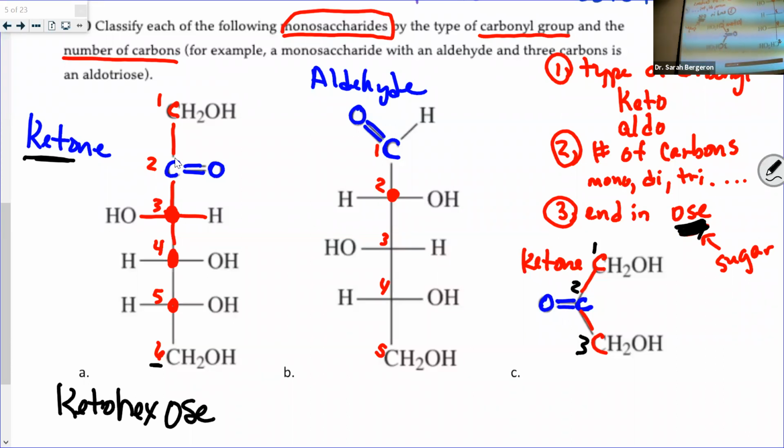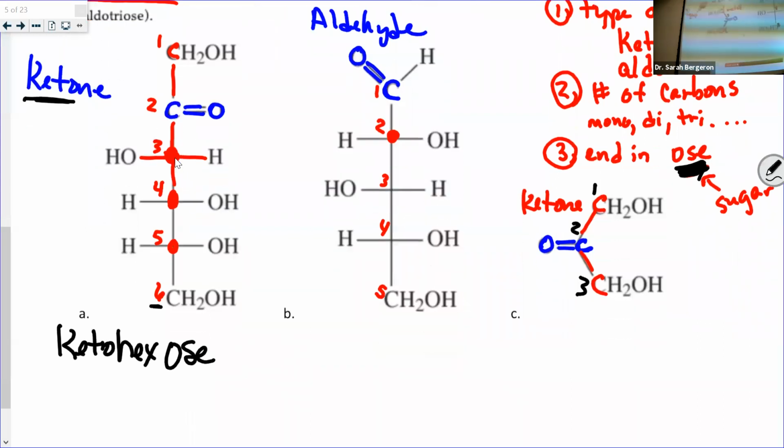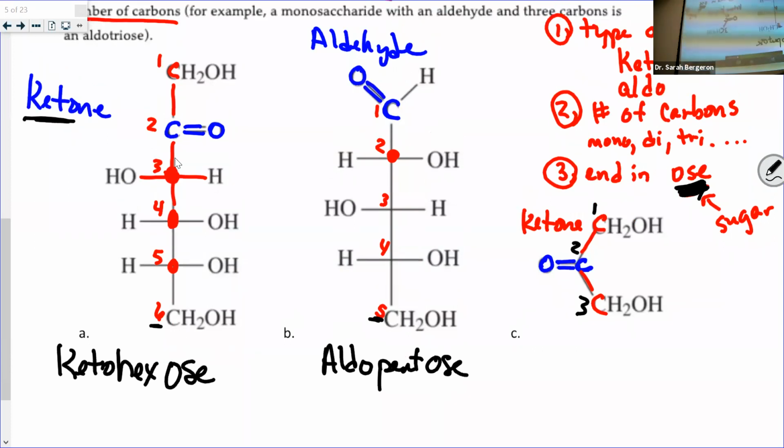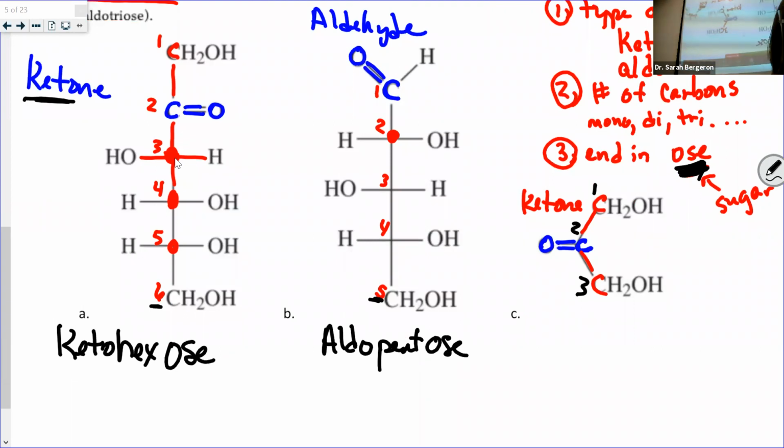How would I name B? Aldo, 5 is pent, and then ending in ose. Okay, how about C? It's a ketone, so it's keto, 3 is tri, and then ose.